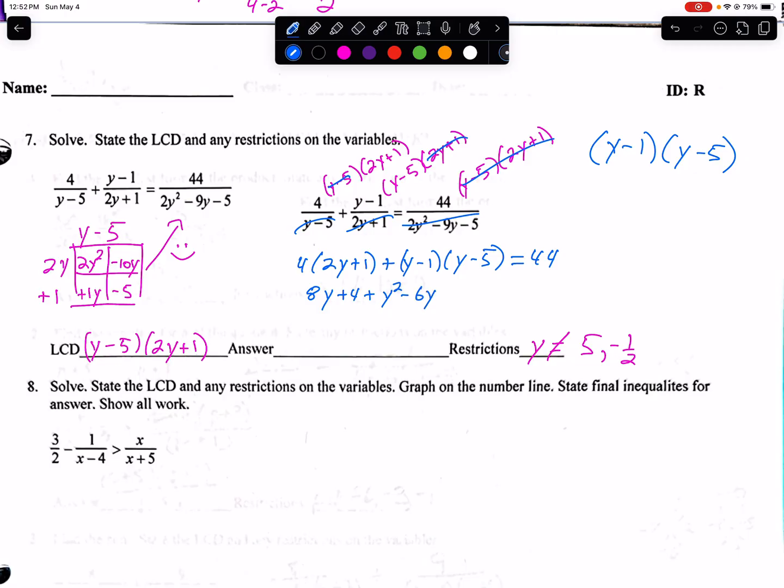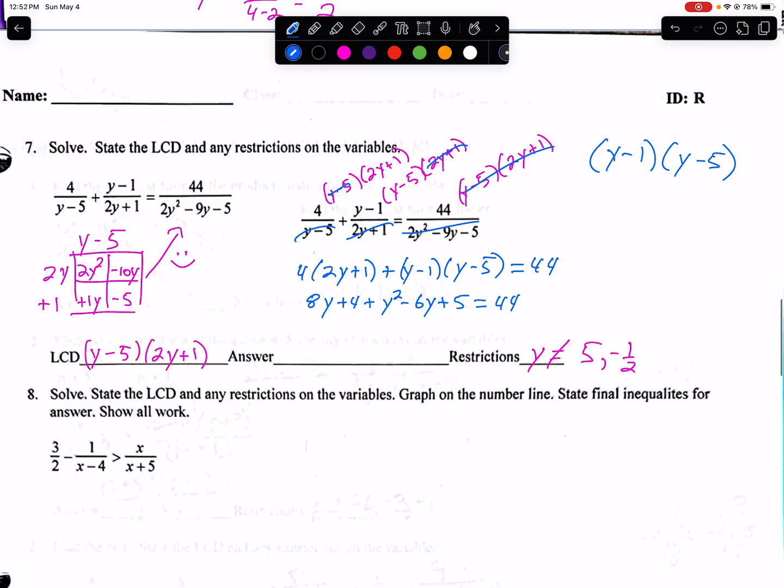And then negative 5y. And then plus 5. And then you just combine like terms. And then minus y. So then y squared plus 2y plus 9 equals 44.